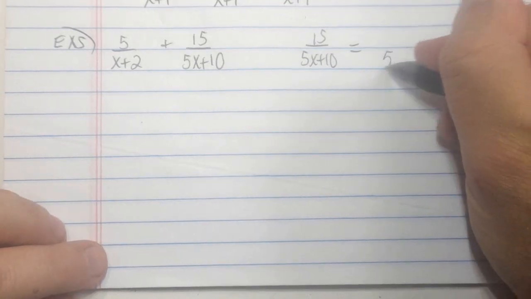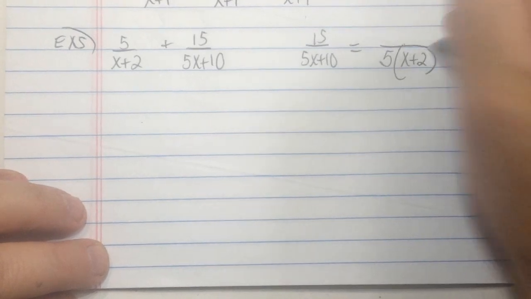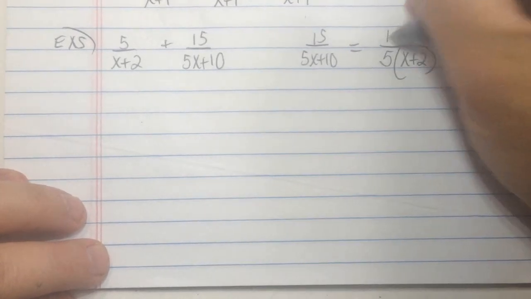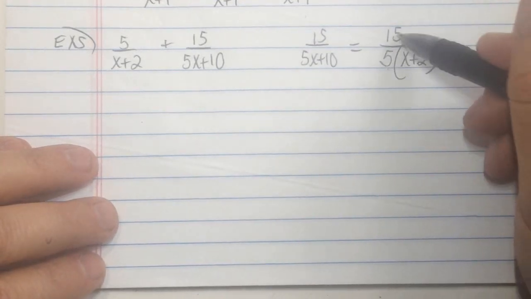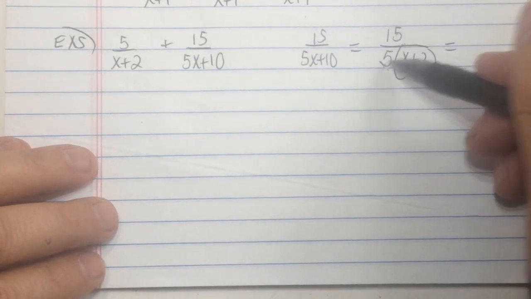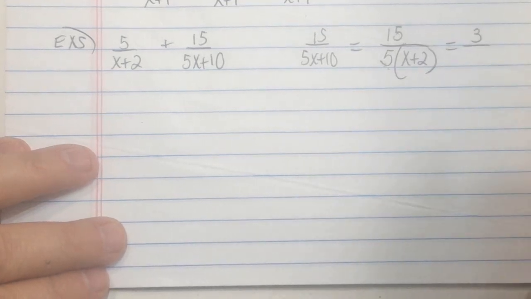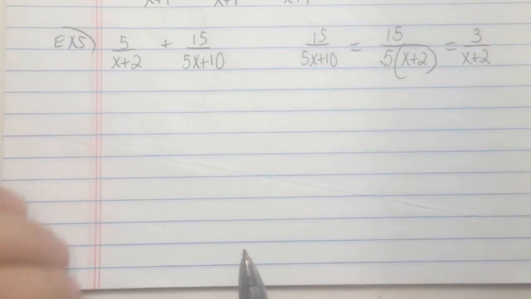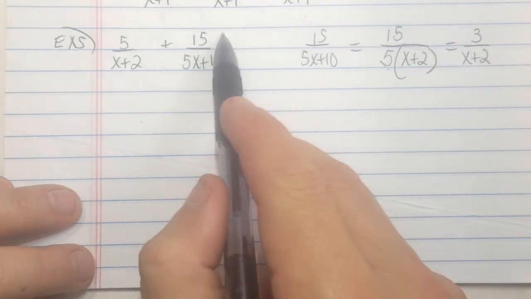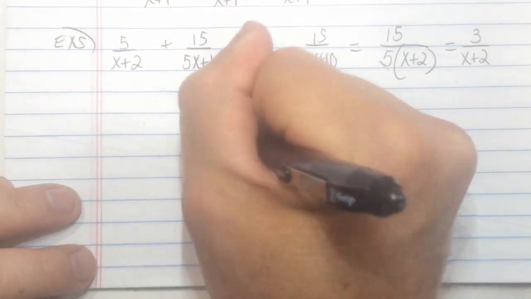So once I factor out that 5, this becomes x plus 2, and I still got the 15 on the top. But 5 will go into 15, right? 15 divided by 5 would give me, that would just simplify it to 3. And then what's left on the bottom? Here, x plus 2. And again, what's nice, we're taking this fraction, we're going to rewrite it as what we got over here, 3 over x plus 2.